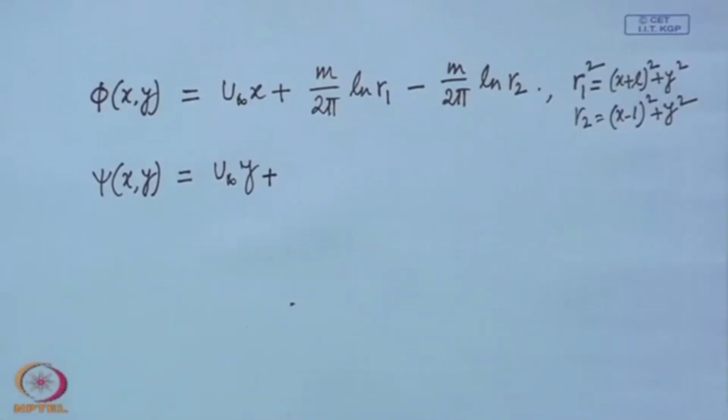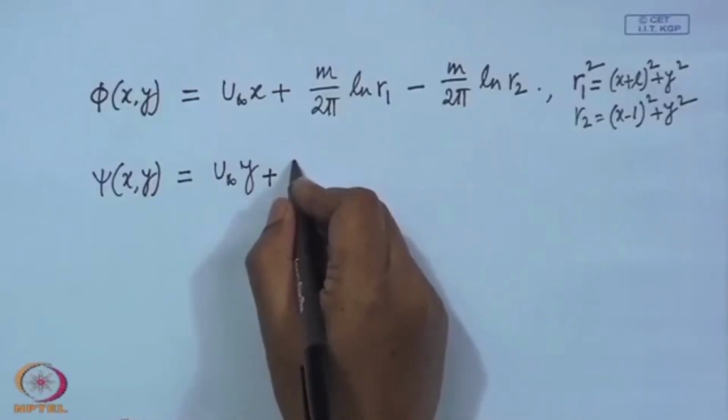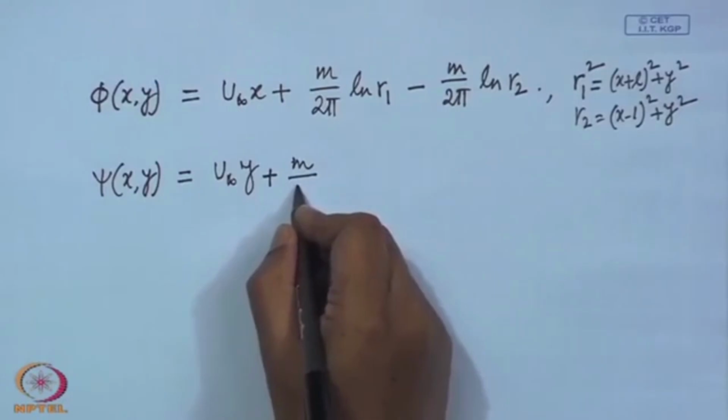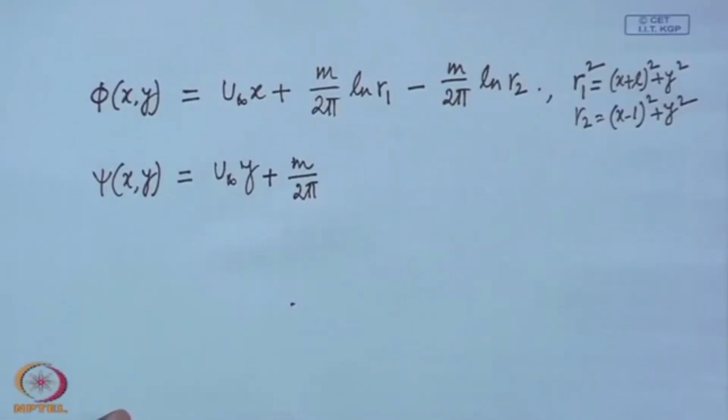But what will be that theta in this case? M by 2 pi, say in terms of x and y, you express theta in terms of x and y.